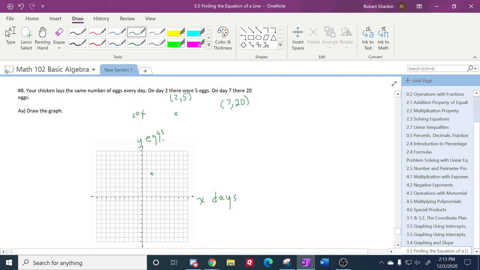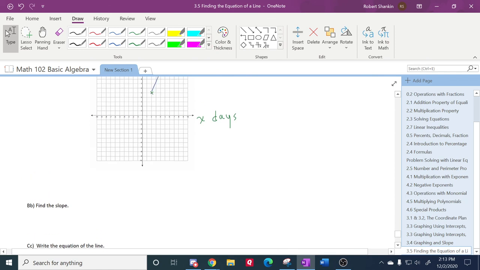Okay, so we drew a graph. And now, since it's laying the same number of eggs every day, it's going to increase by a regular amount every day, and it's going to be a straight line going up.